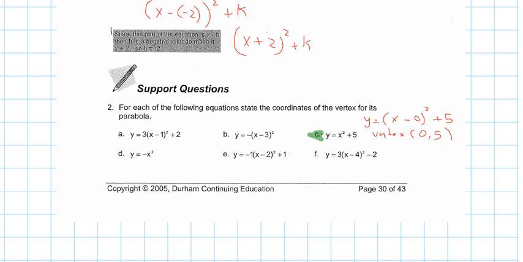Okay? What's your vertex for B? For B. Three, 0. Yeah, because this is technically, there is a 0 here, but we don't write it.